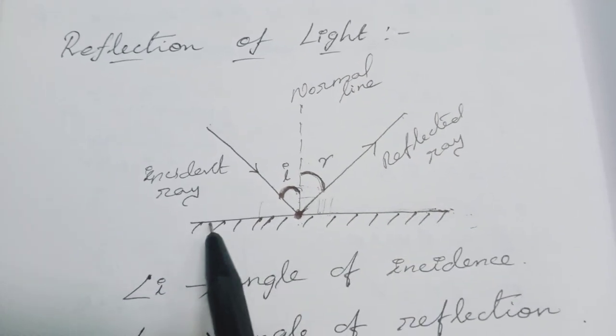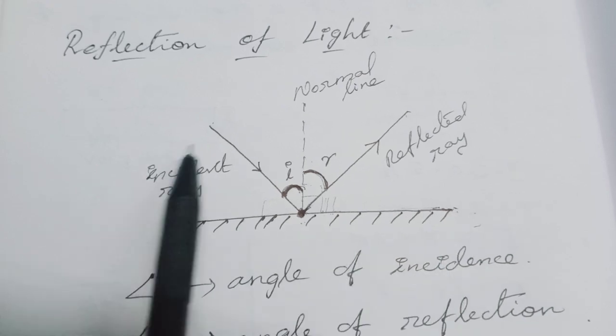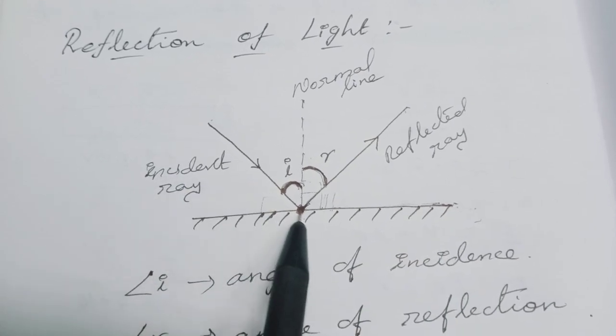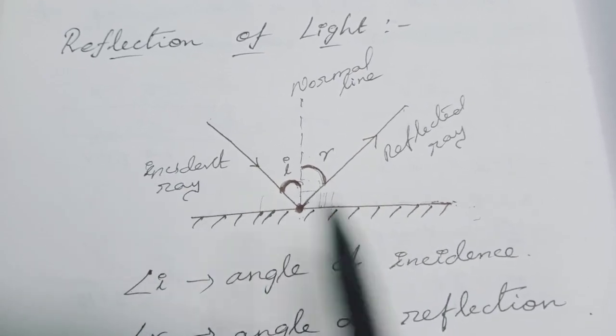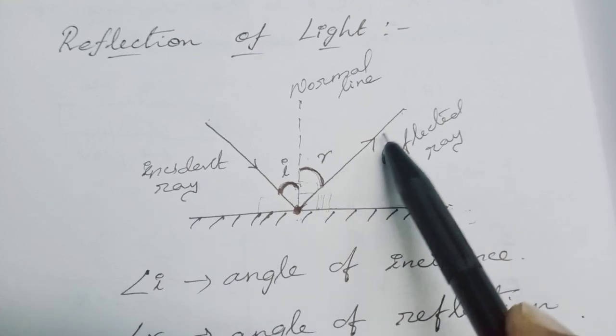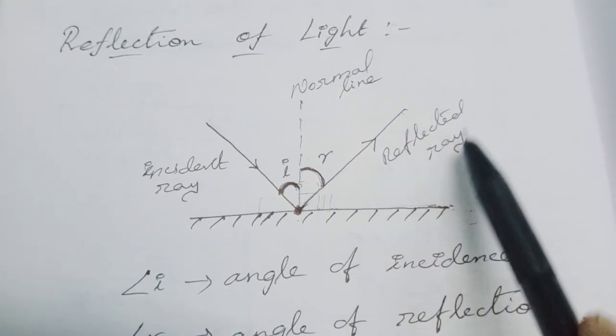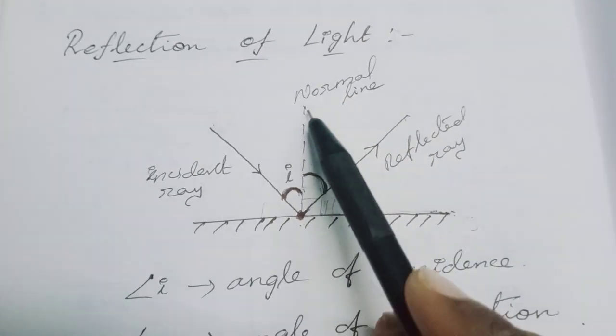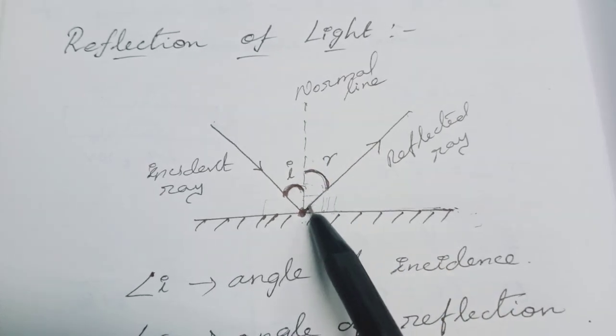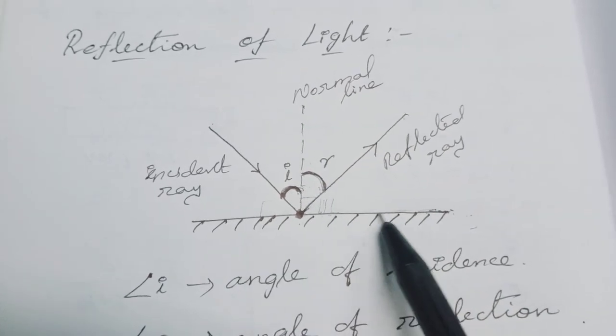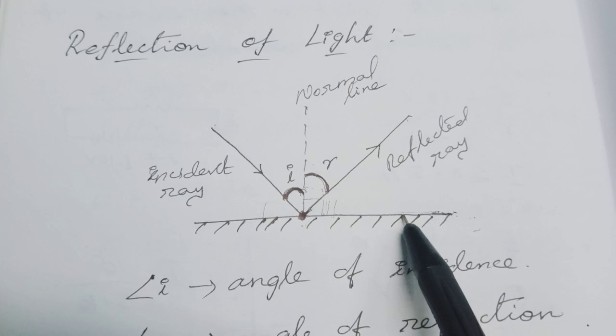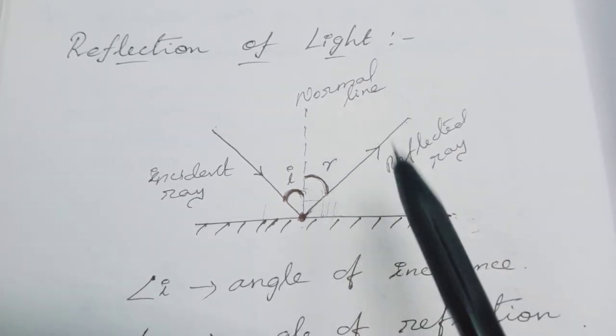So first be clear about this diagram. This is the plane mirror. The ray which is incident on the surface is called the incident ray. The ray which is reflected back to the same medium is called the reflected ray. And the perpendicular line drawn to the surface is called the normal line.